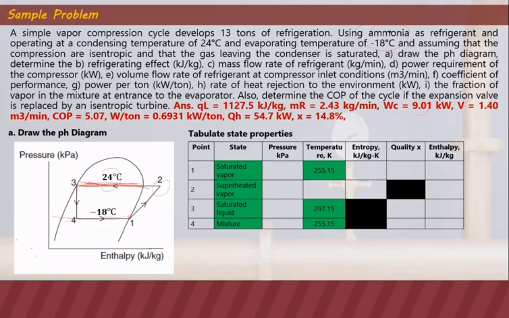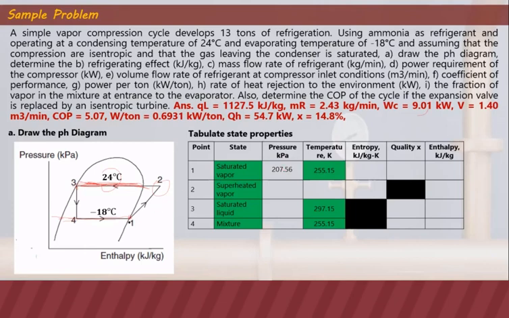Go to the properties of ammonia as your refrigerant, and we are going to locate the unknown properties. Using this temperature of 255.15, and knowing that this is a saturated vapor, we can get the pressure at point 1, and based on the software, that is 207.56 kilopascal.